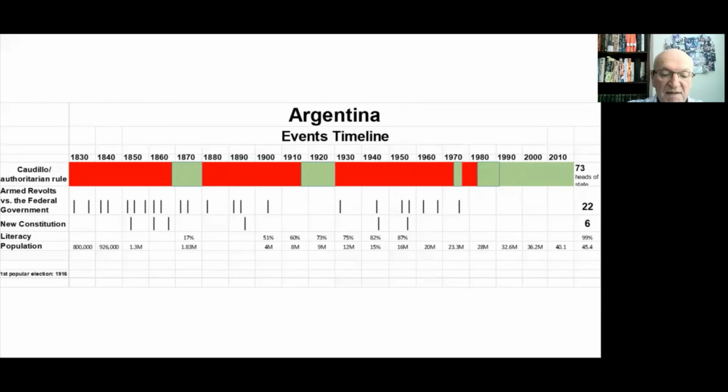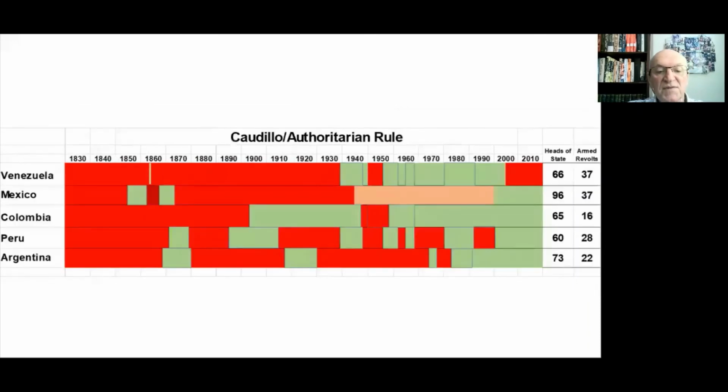So let me give you a glimpse of the overall picture of these countries. Again, the red is caudillo authoritarian rule and the green is democratic rule. And well, overall, it's a lot more red than green. Venezuela had 66 heads of state, 37 armed revolts. Mexico had 96 heads of state, the same number of revolts.